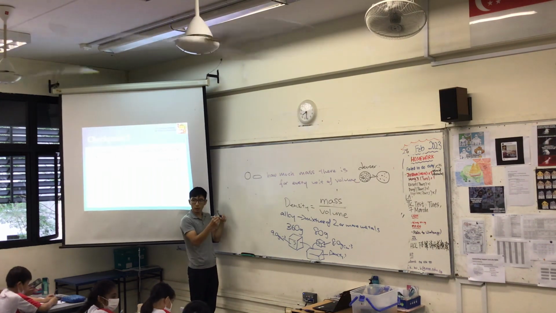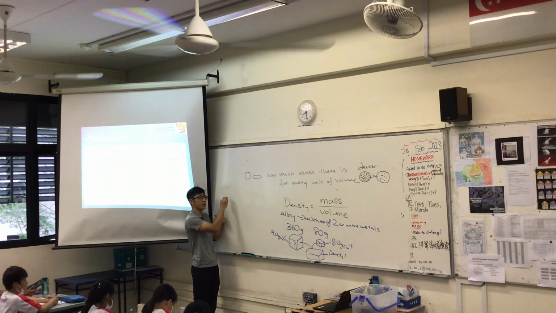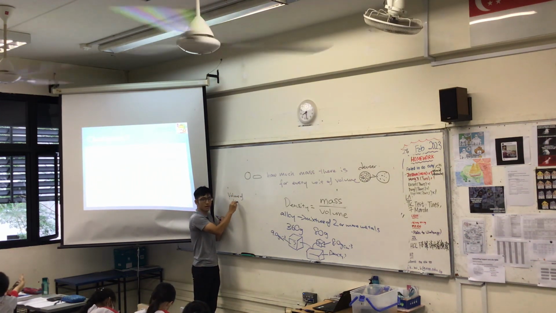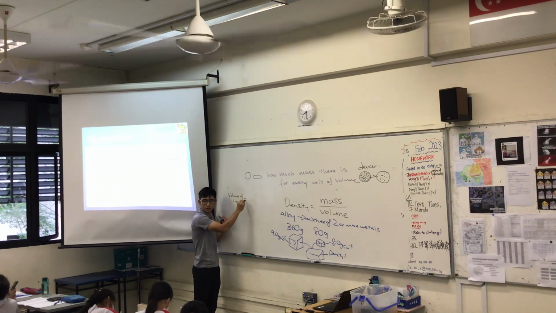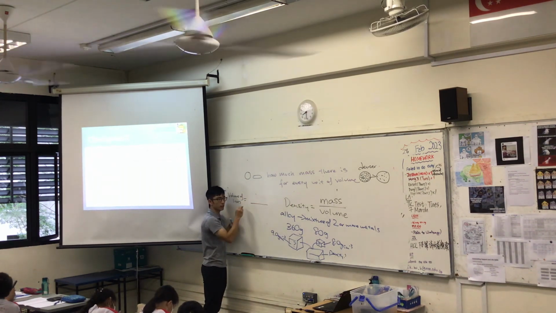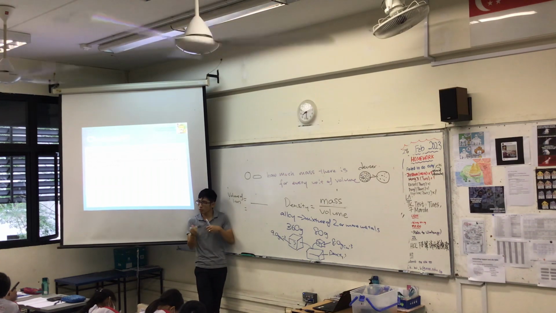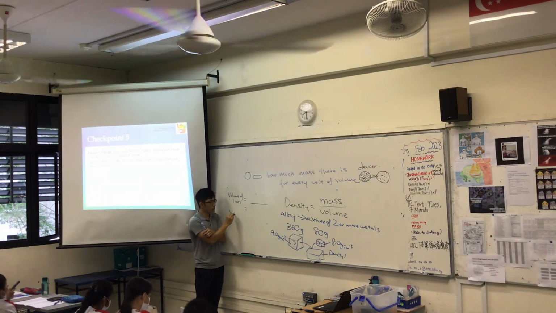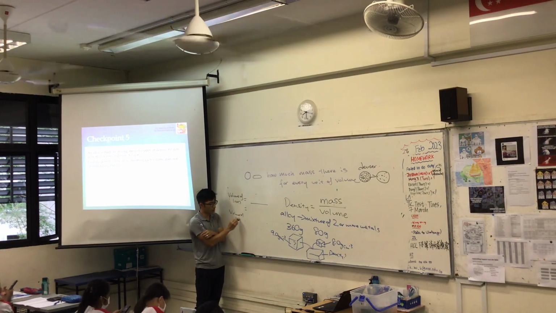This is what you should do. I don't know if you learned this in primary school. You write something like that. Volume of iron equals, then you do your math, then you calculate. So can you do very neat workings like that? Do different steps. Volume of copper.